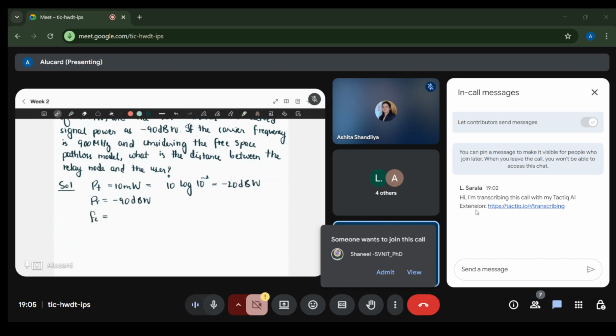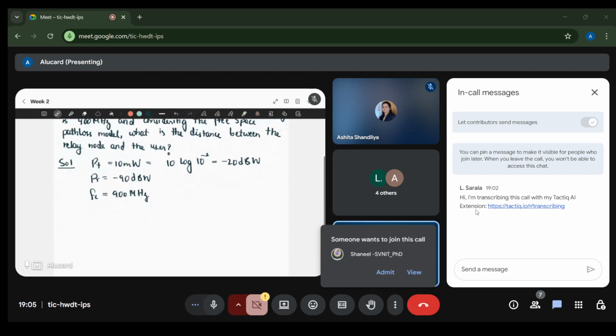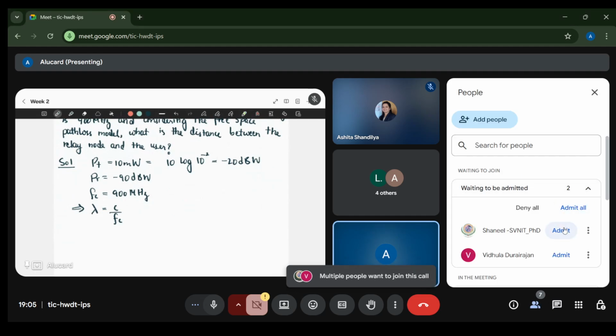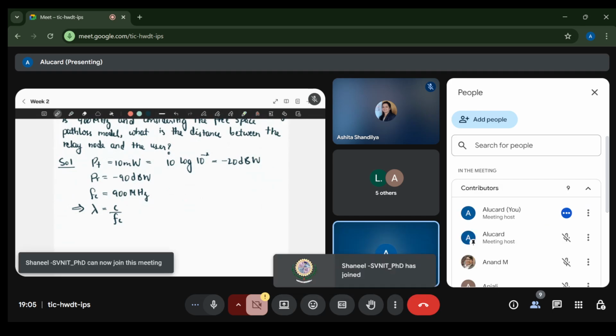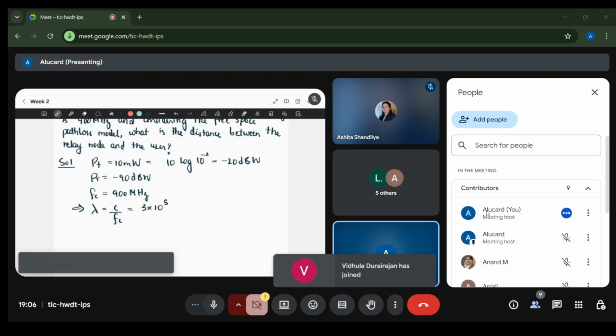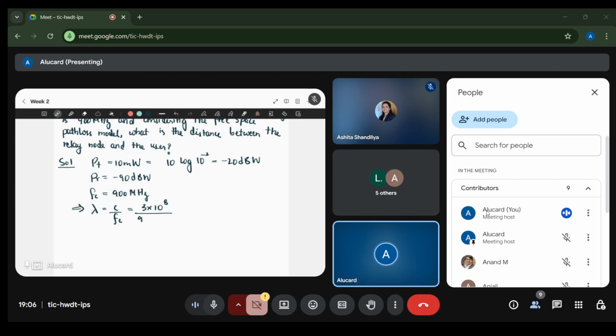Frequency of the carrier is 900 megahertz, from which we can find out lambda, which is C over F, which is 3 into 10 power 8 divided by 9 into 10 power 8, which is 1 over 3 meters.